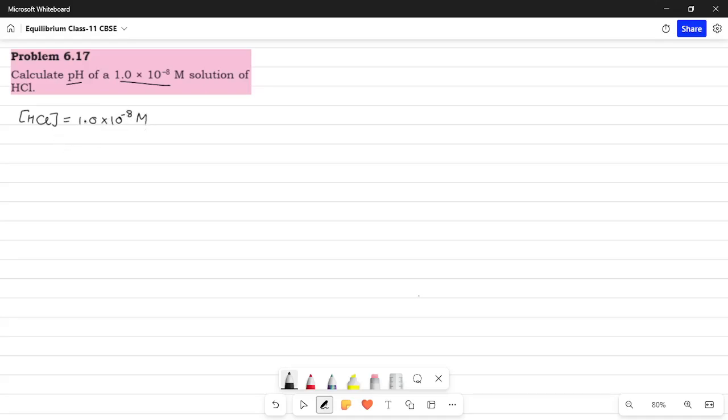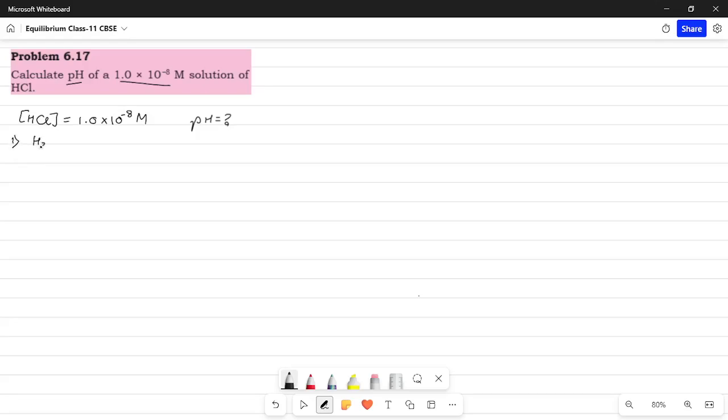Now we need to figure out the pH. We need to consider both the sources of the hydrogen ions because it is so dilute. There are 8 zeros before this one after the decimal point, so it's so dilute that we have to consider both sources of the hydrogen ions.